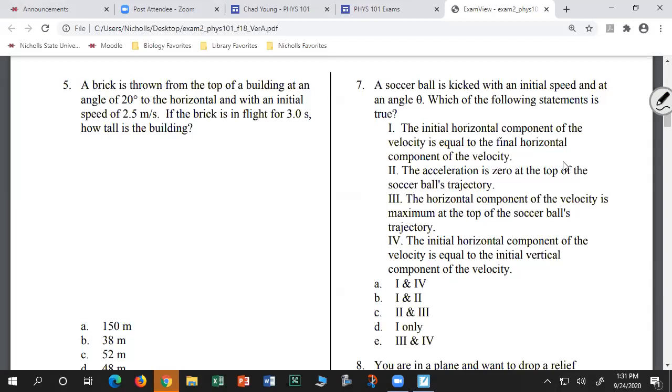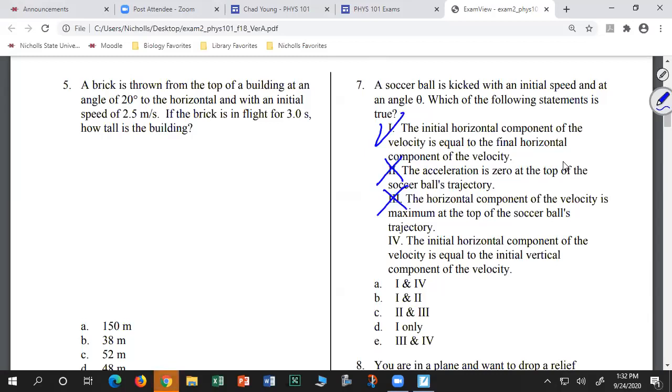It is correct because the horizontal component does not change. The acceleration is 0 at the top. Is that correct? Not correct. The horizontal component is maximum at the top. Not correct, because the horizontal component doesn't change, so it doesn't have a maximum.